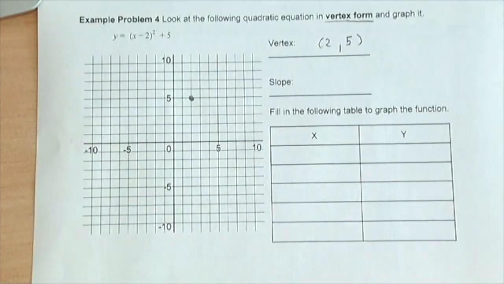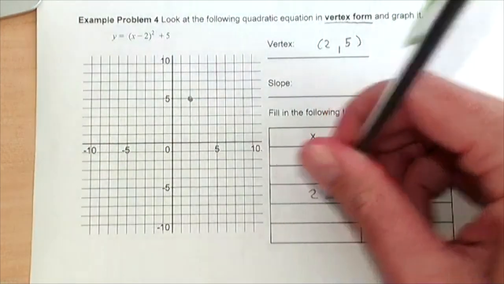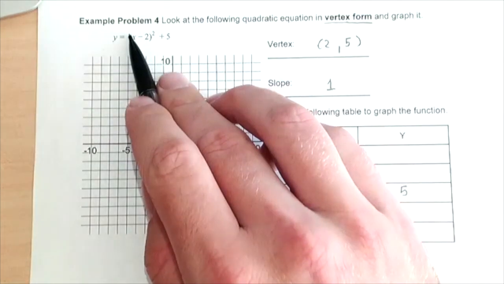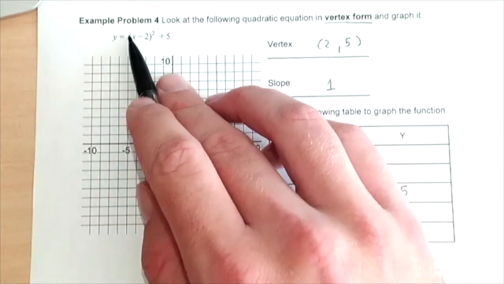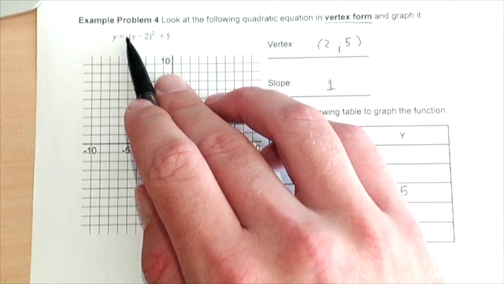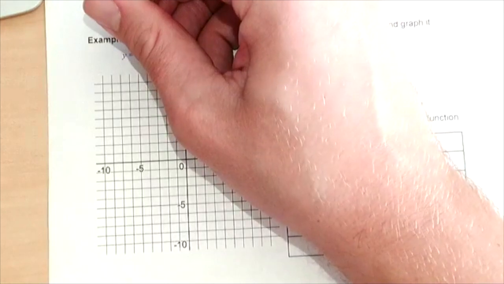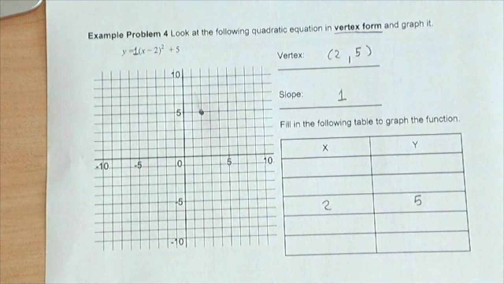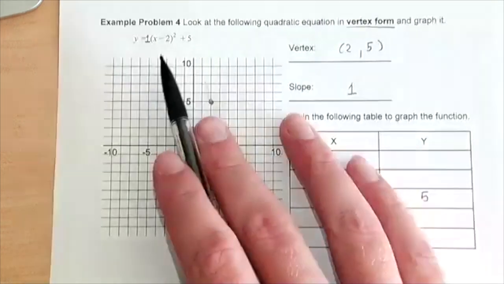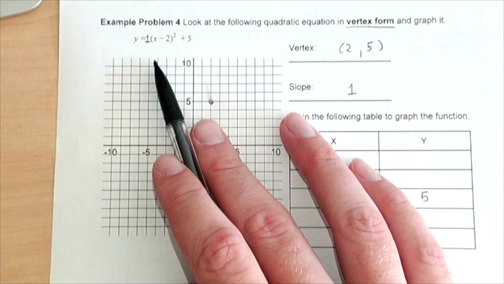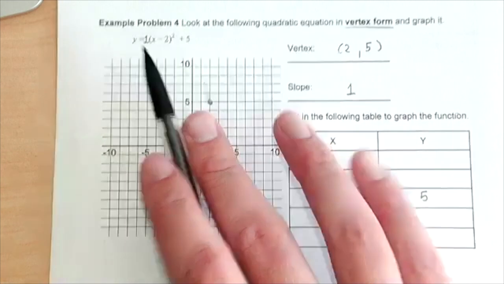From there, the only other thing you have to worry about is the slope of the line, or if there's an outside number at all. And since there's no outside number here, we know that the implied number is 1. If there's no number, 1 is what's implied. And we will do examples for the last example, where the slope isn't 1.